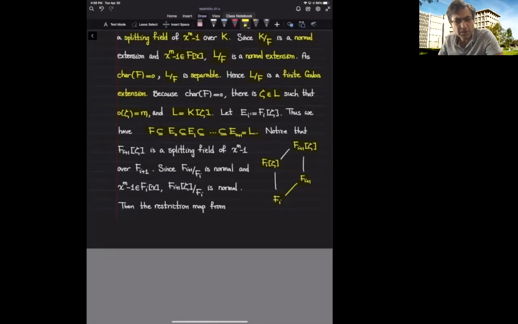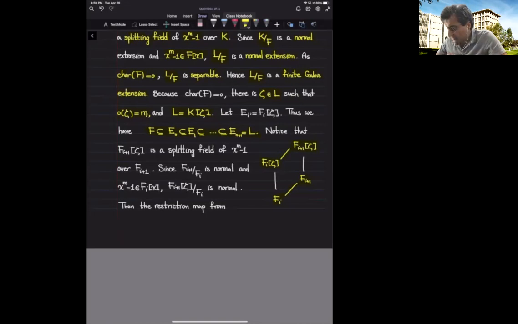I call it cyclic in the sense that it's Galois, and the group of Galois automorphisms of this extension is a cyclic group of prime order. Now I started with this cyclic extension, I added zeta to both fields, and now I'm getting this extension up over here. My claim is that the extension up there is still a cyclic Galois extension. So let's see why this is the case.